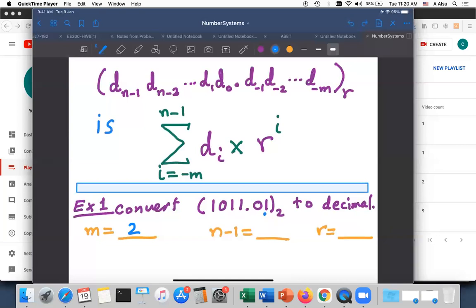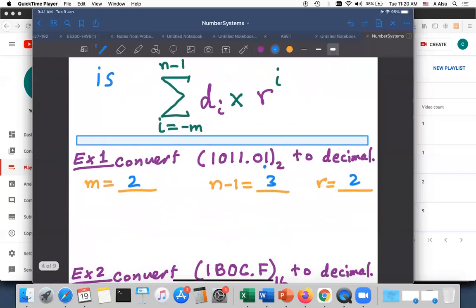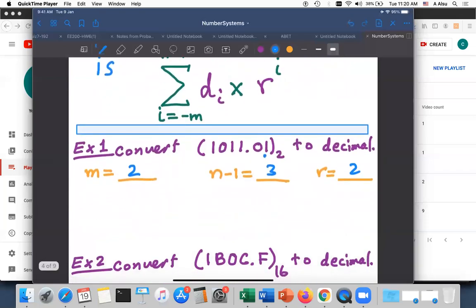Okay, so this is 3, and r is what? The base. Yeah, 2, the target base, or the source base that we'd like to convert from. So now for conversion, you just apply this algorithm.